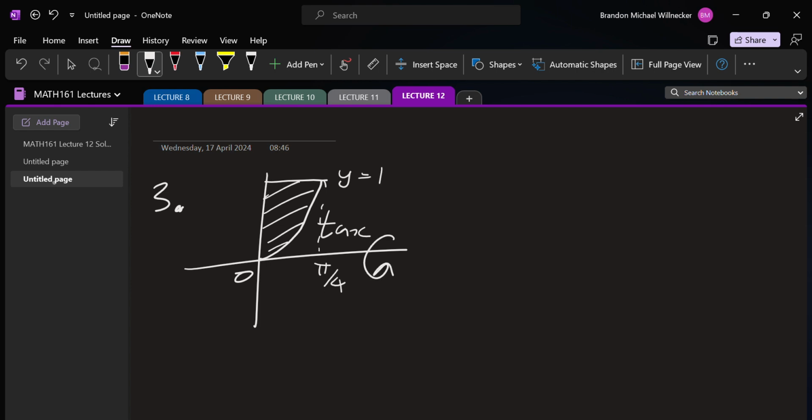And we want to rotate this around the x-axis. So that top line, the y equals 1 line, if we rotate that around the x-axis, we're just going to get a cylinder. So that's like the edge of the cylinder when we rotate it around. And then that tan bit over there, that's just going to be some inside part of the cylinder. So let's draw a cylinder first.